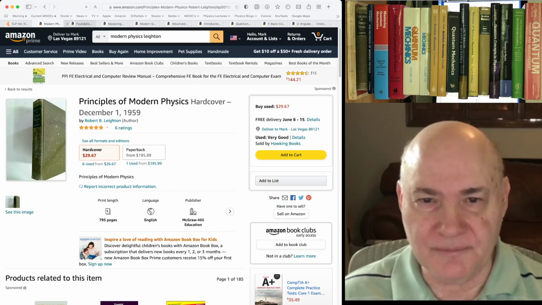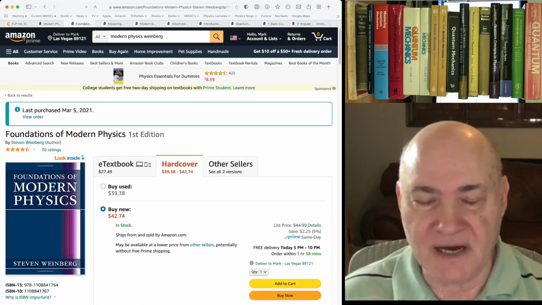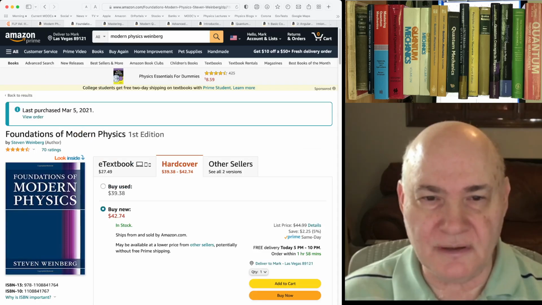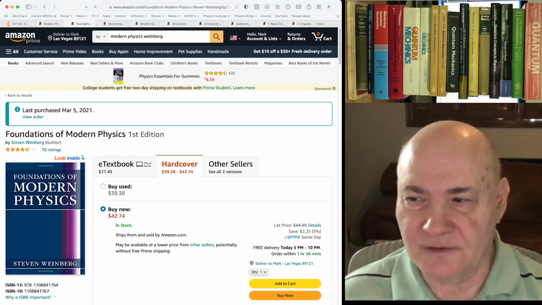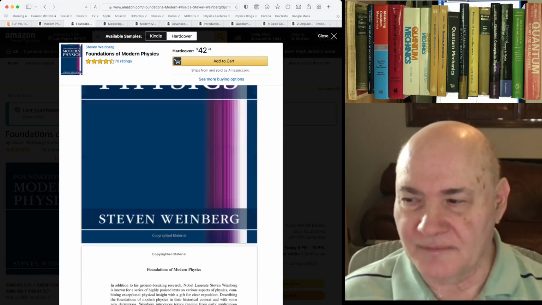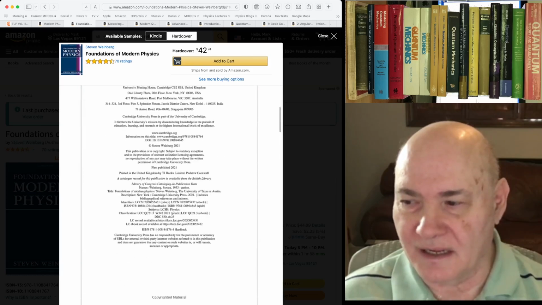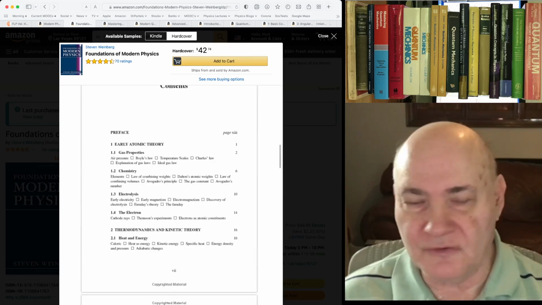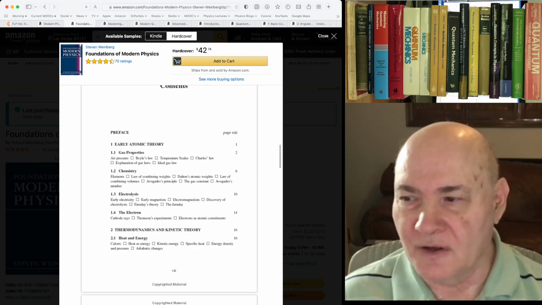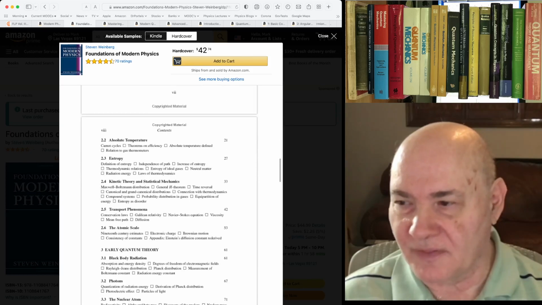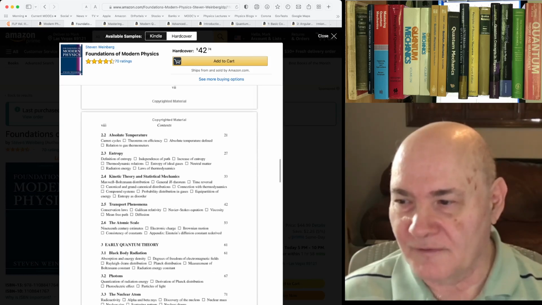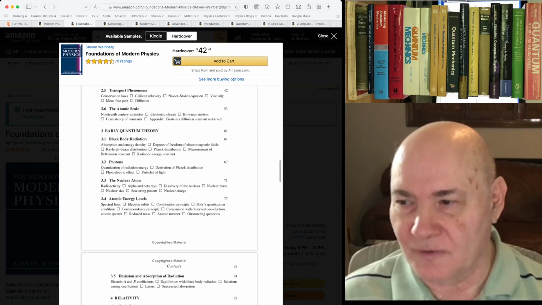There is an excellent book on modern physics that was published a couple of years ago by Steven Weinberg, who recently passed away. But this book is a little bit too advanced. I might have written a review about this book. It starts very well in the beginning with early atomic theory and how they measured things, and thermodynamics and kinetic theory, and the early quantum theory.